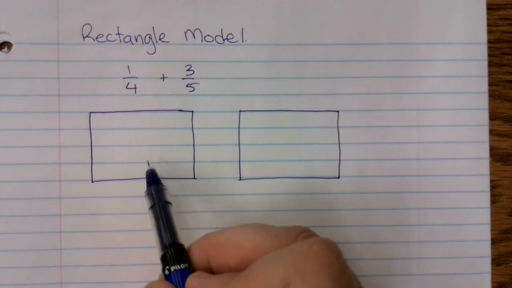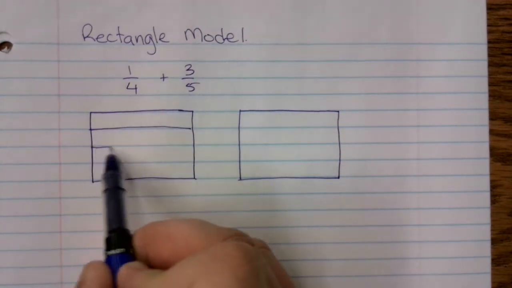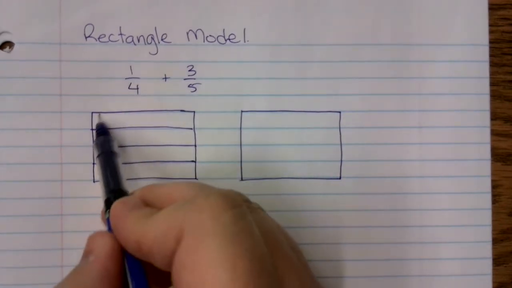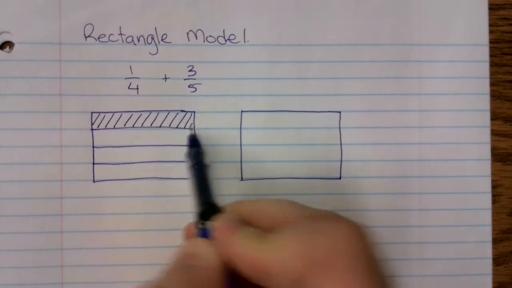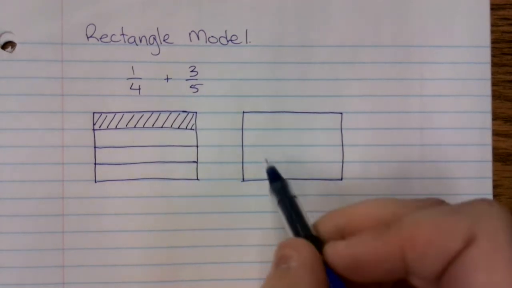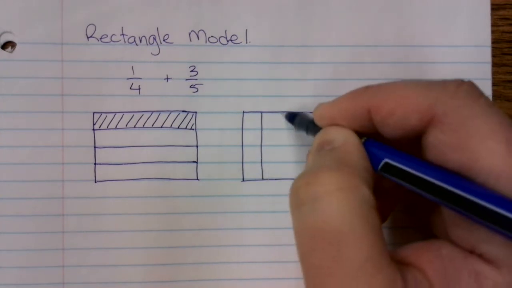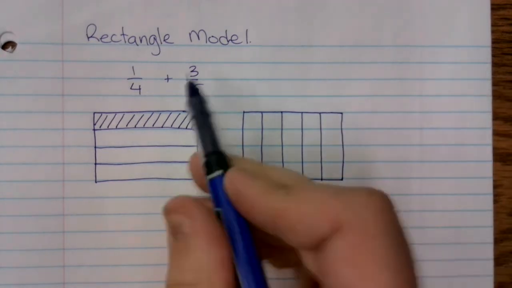I'm going to split this rectangle into 4 equal pieces. And I'm going to color in 1/4 of them, 1 out of 4. This rectangle I'm going to split into fifths vertically. And I'm going to color in 3.